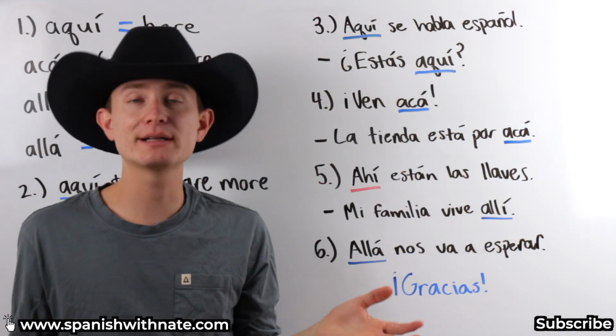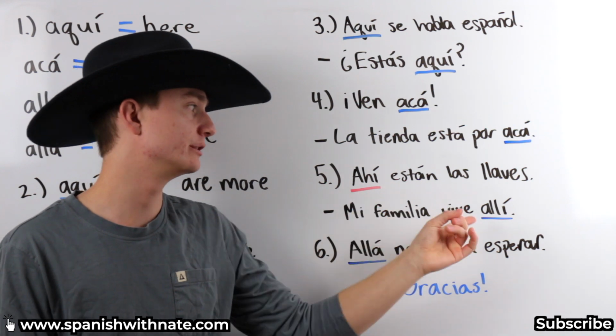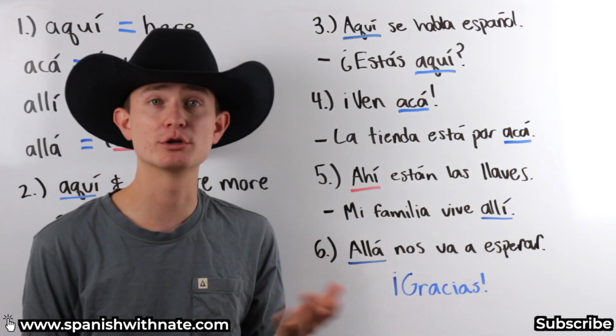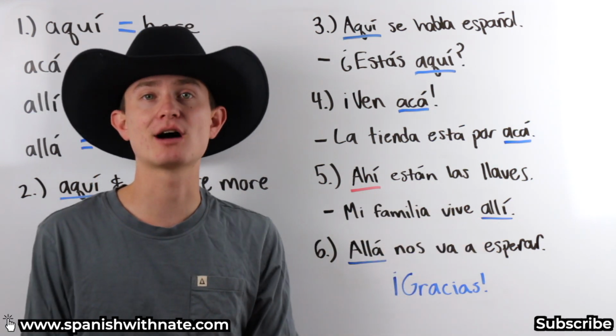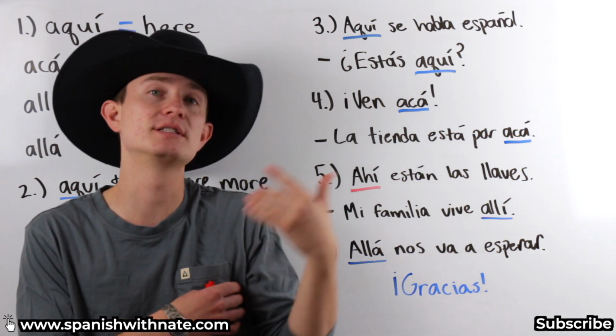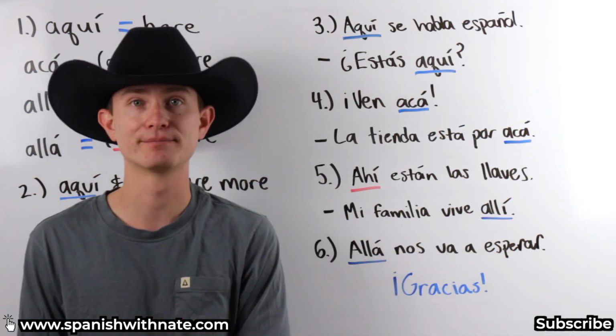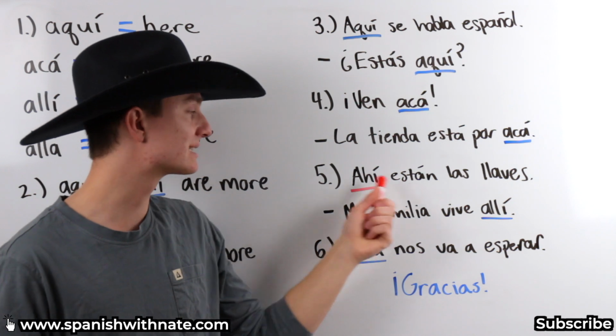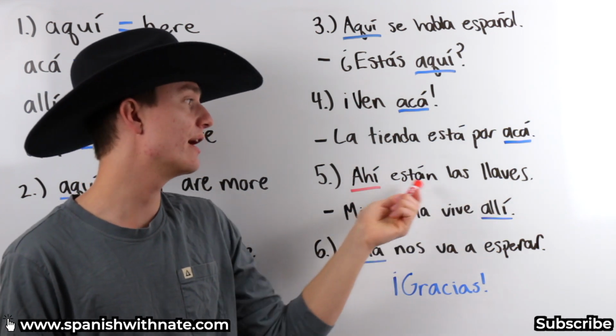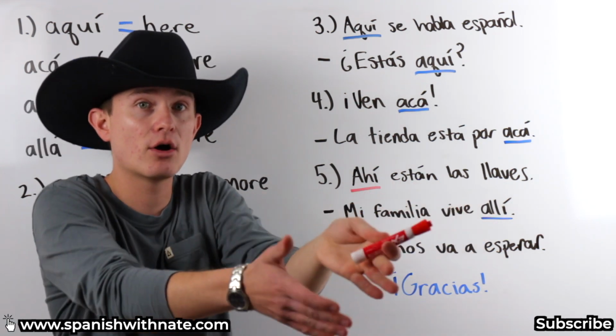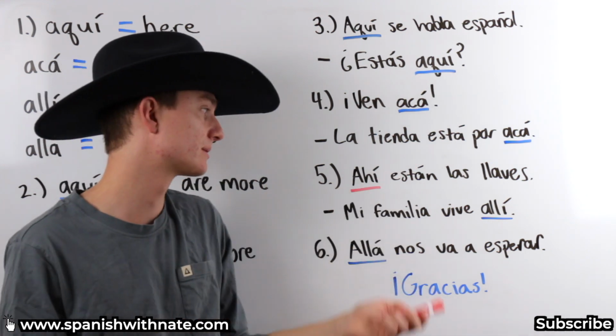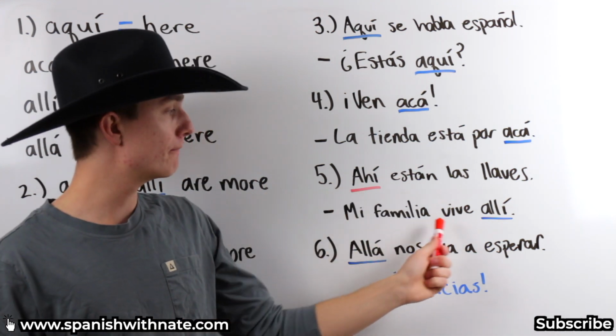So frankly, the only real difference between these two is just in writing, and when you're speaking with someone, you'll know just based off of context clues or if they're literally physically showing you, hey, look, yeah, it's right there. So, ahí están las llaves. So, there are the keys. There they are. They're right there, close. Mi familia vive ahí.